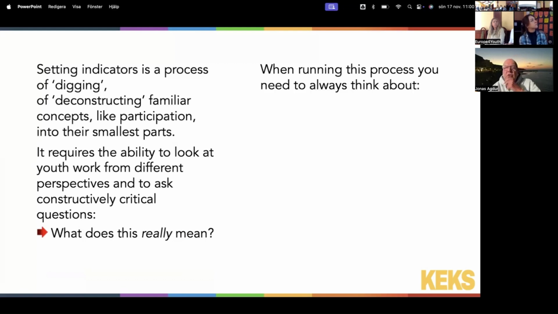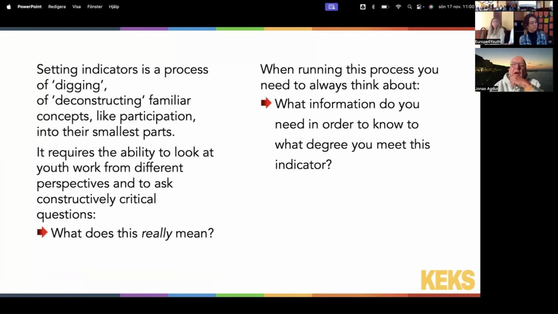When running this process, you need to always think about what information you need in order to know to what degree you meet this indicator. That is to say, you have to think about how you gather the information. Some information is hard to gather, some information is quite easy to gather. But you have to be able to, so you don't make up indicators and then in the next step find out that we couldn't gather the information needed to see if we meet this indicator or not.